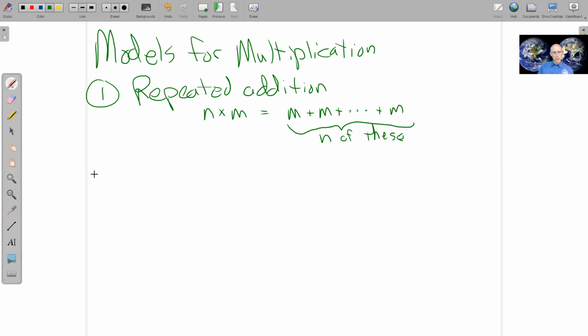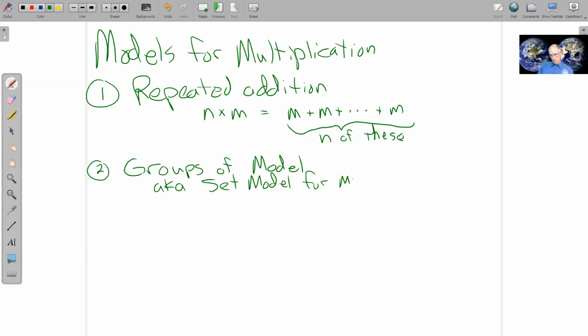All right, related to that is slightly more physical. It's the groups of model. Sometimes it's called the set model. Groups of model, also known as set model for multiplication. And a more concrete example would be, say, 4 times 3.